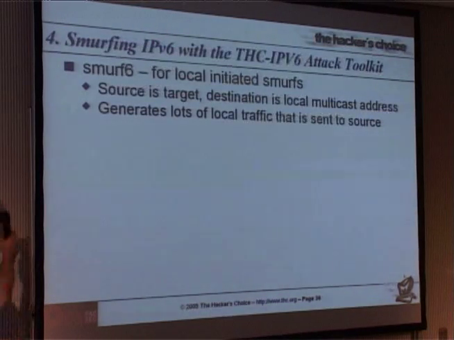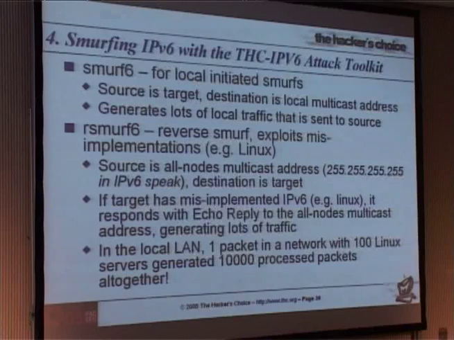I wrote two tools for that. One is Smurf6, which just does the locally initiated smurfs, so it just floods the local all nodes multicast address, so it's nothing really special. And then I did rsmurf because I found a vulnerability in the IP version 6 implementation of Linux. Oh, big surprise. So it's reverse smurf because it works differently.